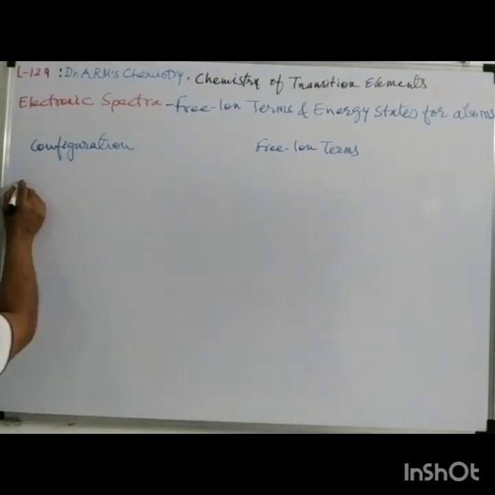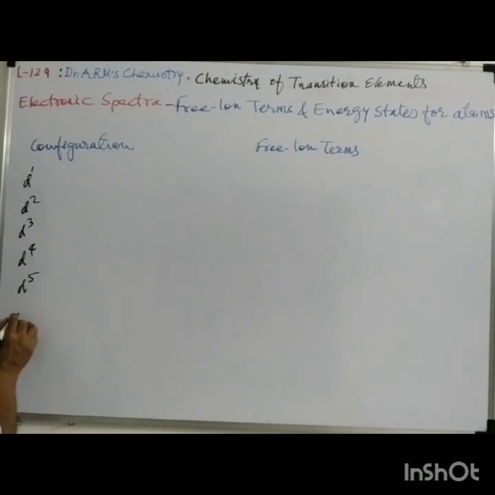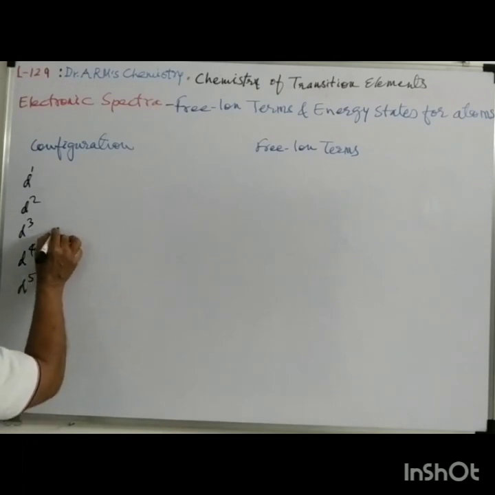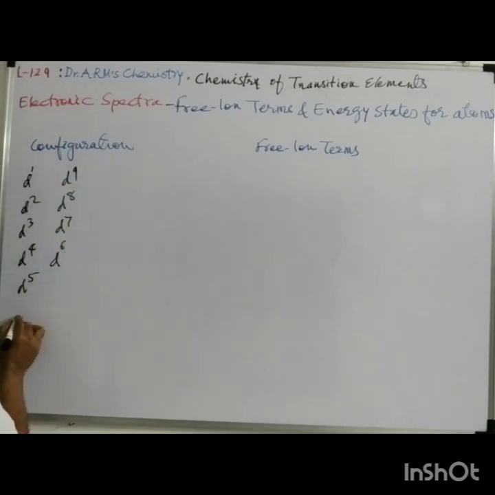So we will show here this configuration as d1, then d2, d3, d4, d5, and now we will see here d6, d7, d8 and d9, and here it is d10.